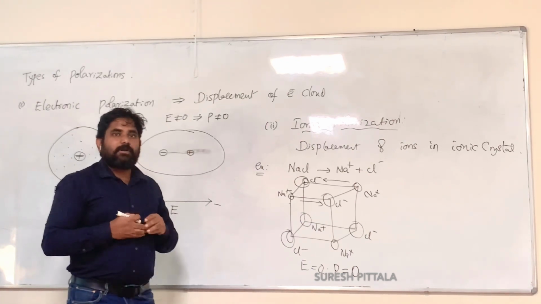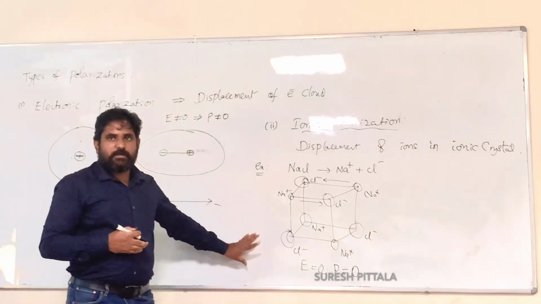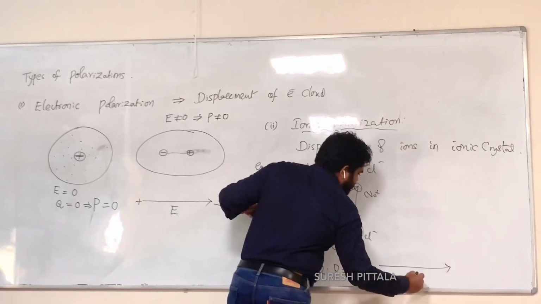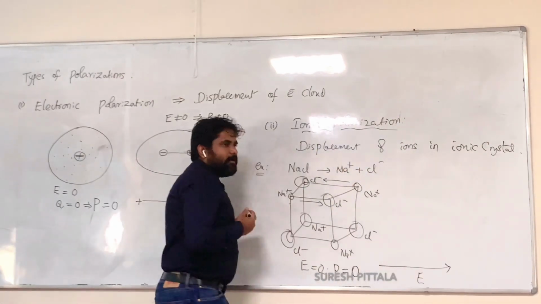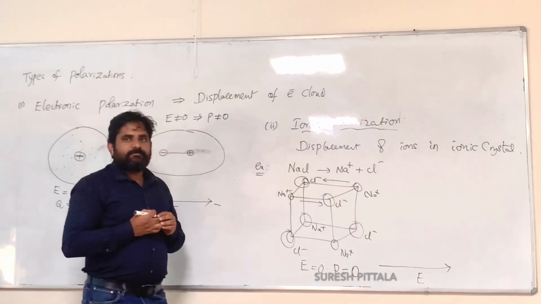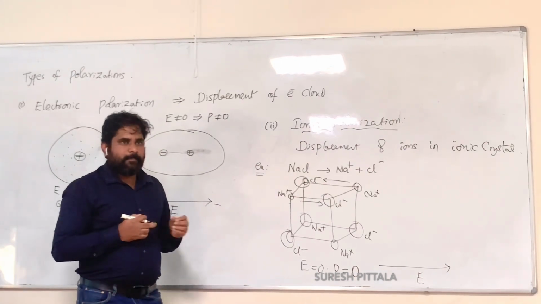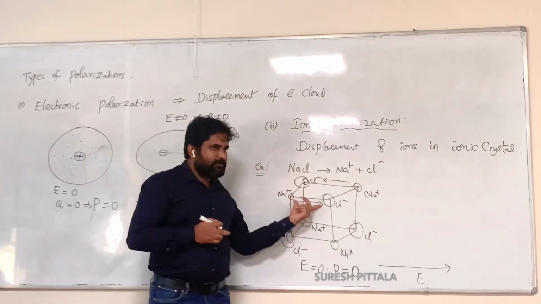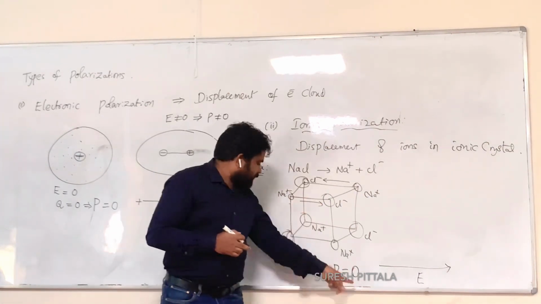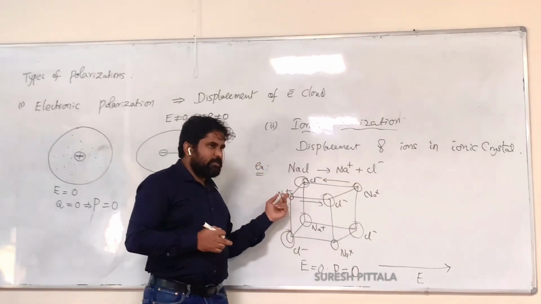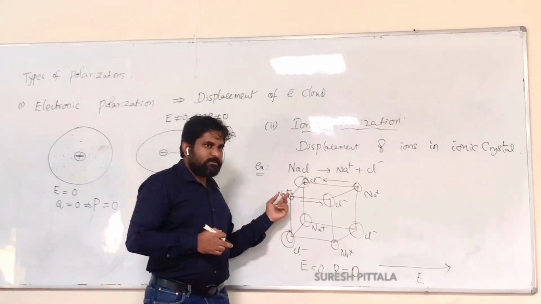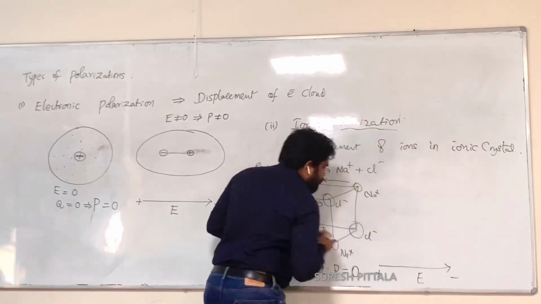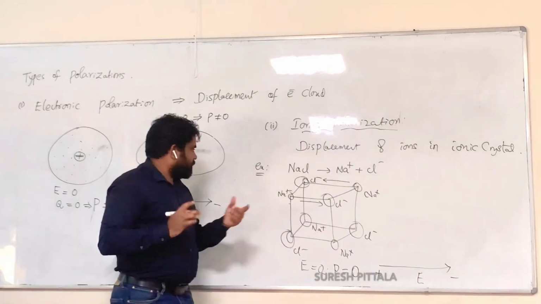Now you want to polarize such a kind of crystal, an ionic crystal. What do you do? Same thing, you apply an electric field. What happens? They already have a specific distance. Now they see the positive charges and the negative charges. If this is my direction, plus and minus, look at each dipole at a time.